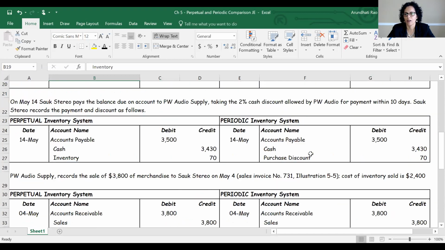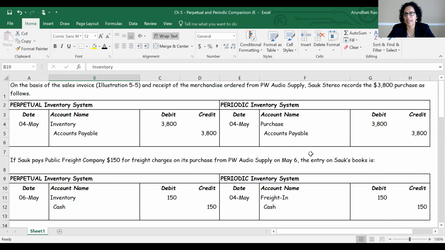But over here, cost of goods sold does not appear anywhere when transactions are happening. It's an entry that is made that appears only in the closing entry at the end of the accounting period, not prior to that.